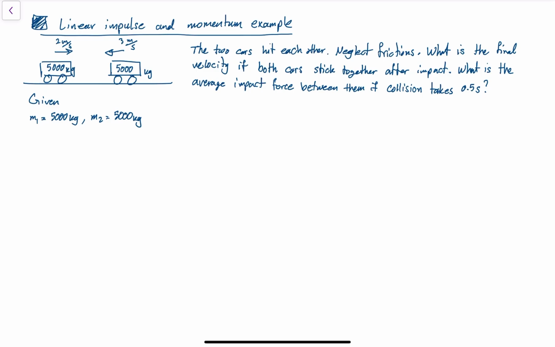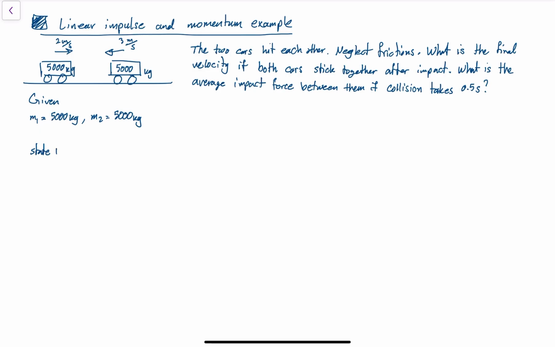And right at the end of the collision is our state of interest, where we want to know the velocities. So it's a good idea to think about states and phases of motion. So we are looking at state, let's call it state 1.